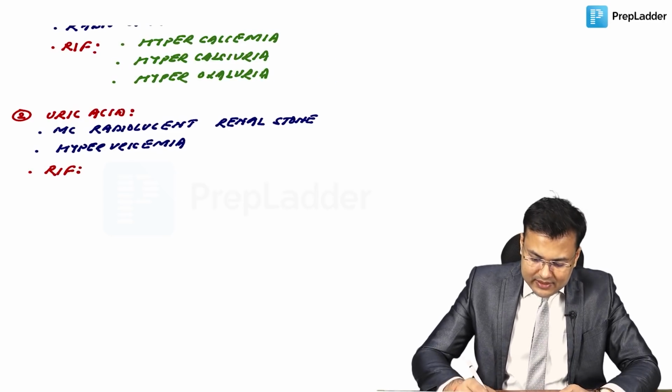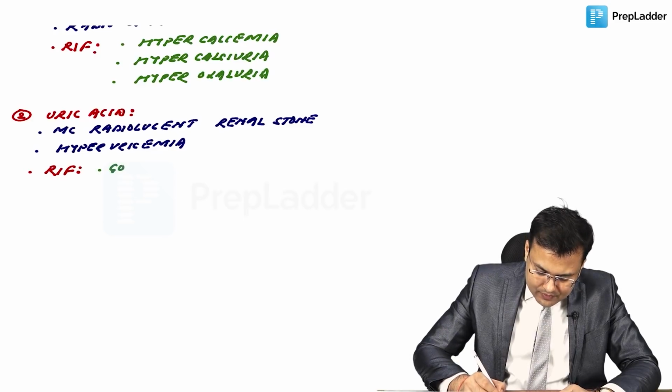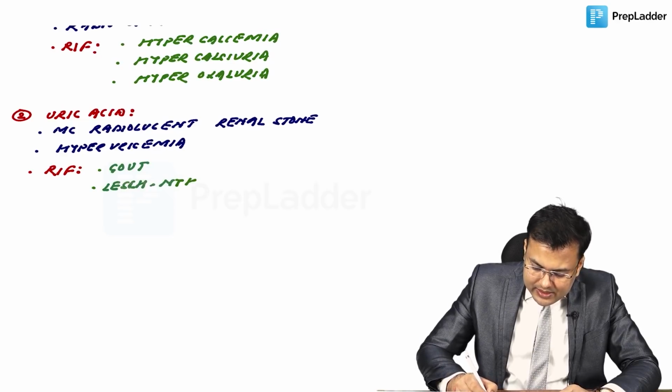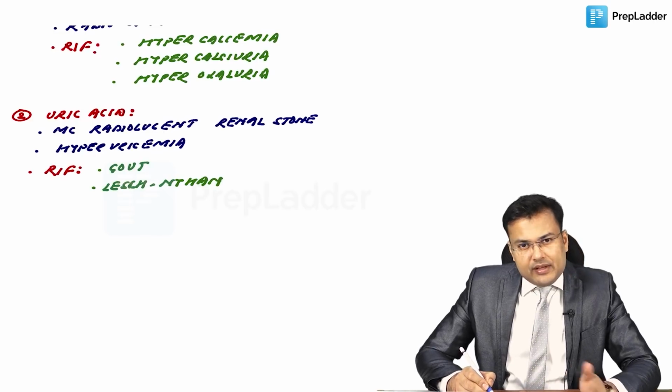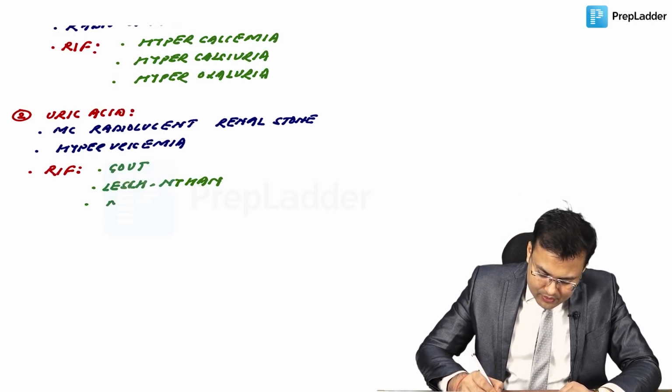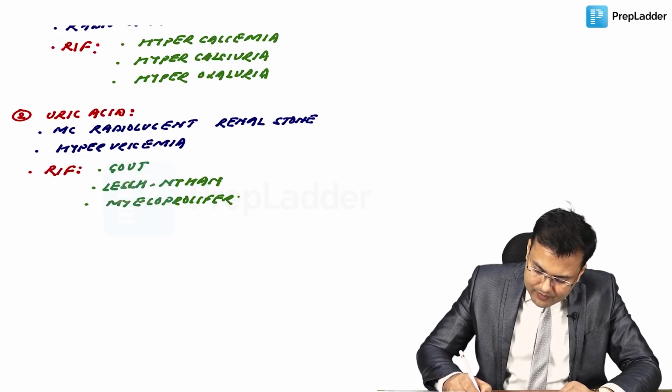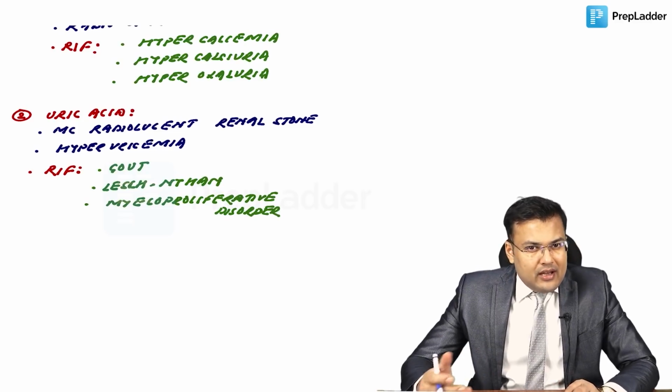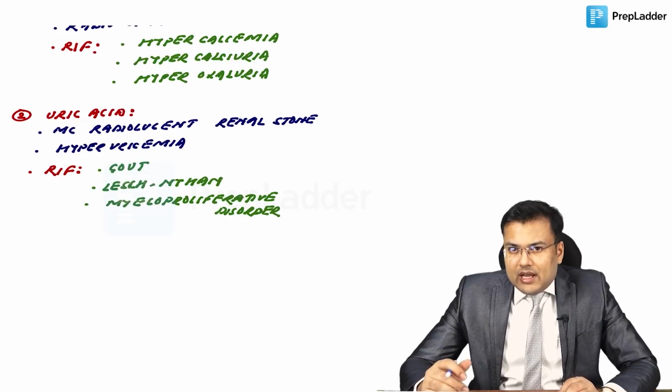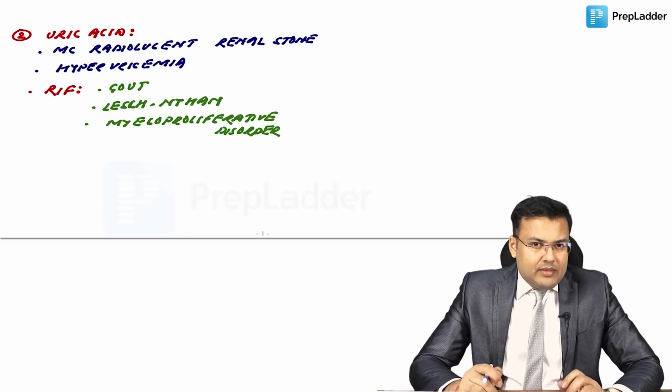First is gout, then Lesch-Nyhan syndrome, in which there is self-mutilating behavior and hyperuricemia, and myeloproliferative disorder, in which there is increased breakdown of cells, and because of that sometimes there is tumor lysis syndrome.